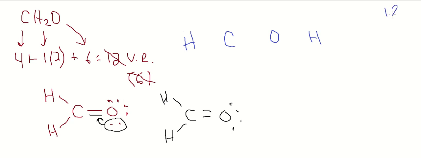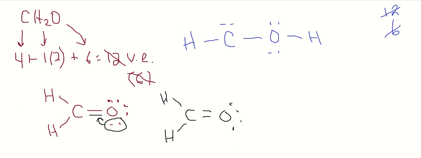So let's start with our original 12 electrons, and we're going to put a bonding pair between each of the outside hydrogen atoms and the central carbon and the oxygen, and that's going to use up 6 of our electrons. We're going to use the remaining 6 to put some valence electrons around the carbon and the oxygen, and so now we've used up all our electrons.